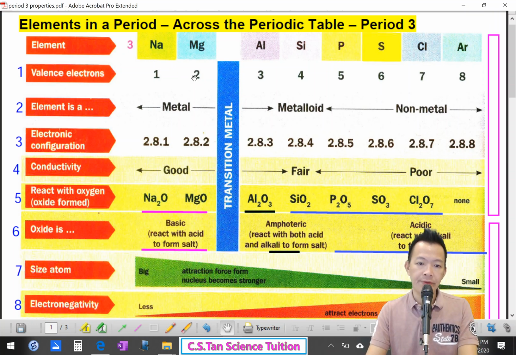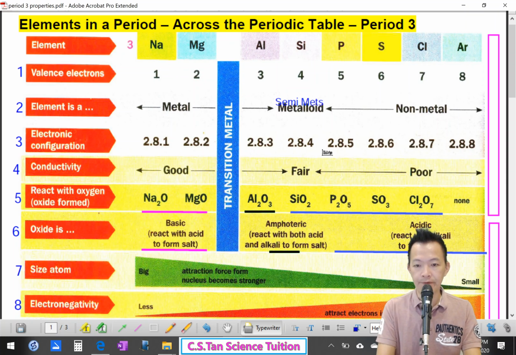Okay, and now I want to talk about number 2. Sodium, magnesium, aluminium, they are metal. And silicon actually is metalloid. What is meant by metalloid? Metalloid means semi-metal. So it is not metal, it is also not non-metal.